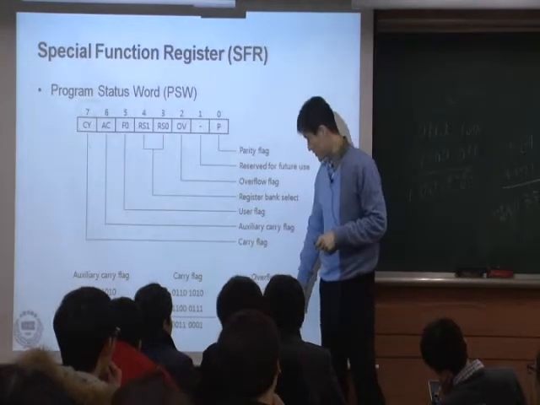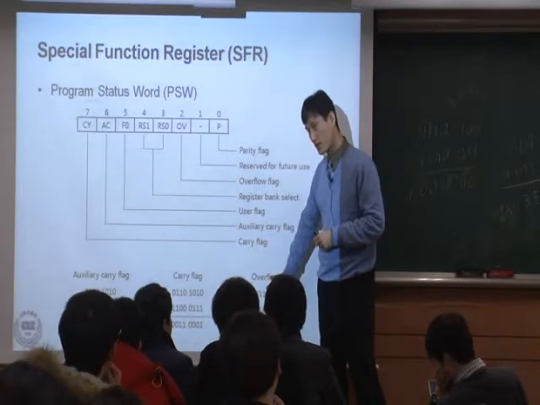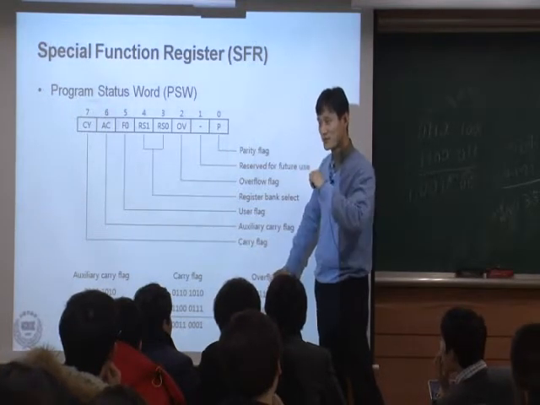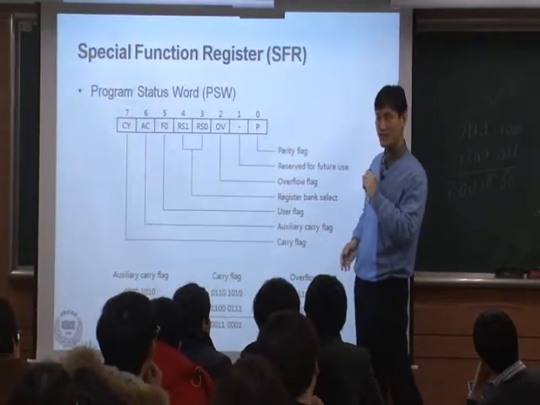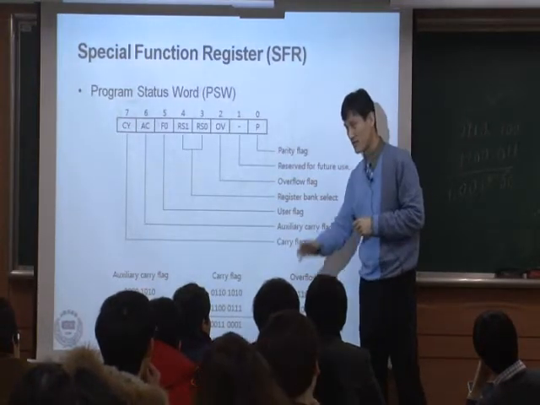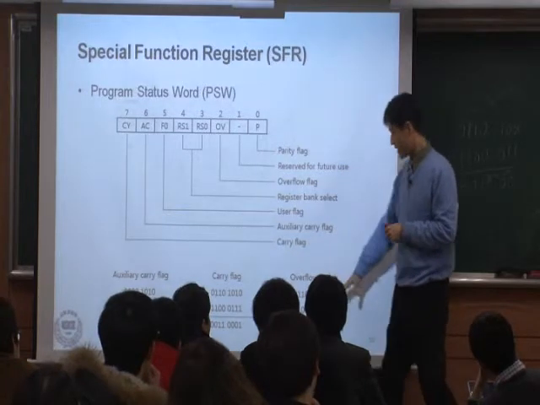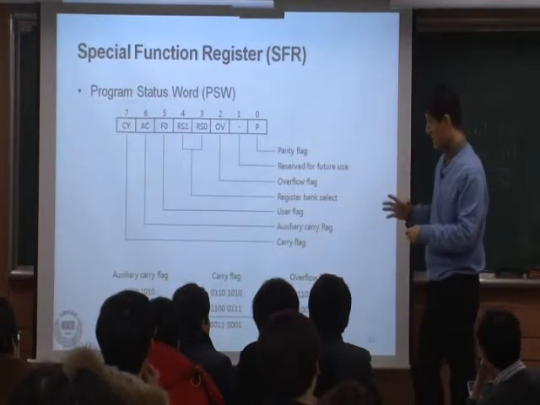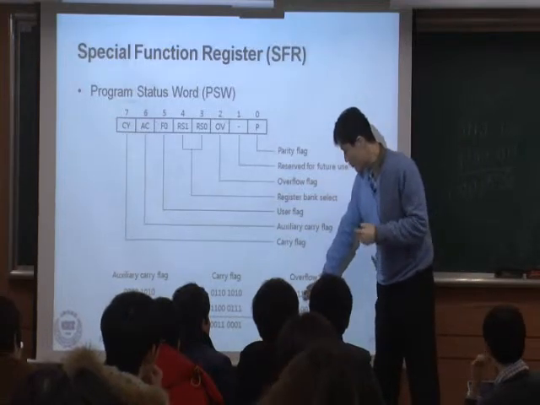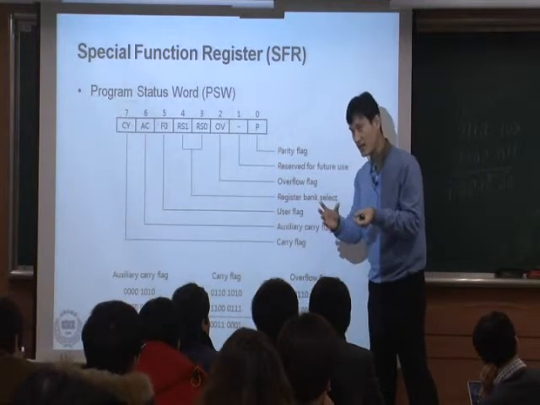Actually, as he pointed out, the reason that we have overflow is to help you when you deal with signed numbers. Let's say we don't have this, right? In that case, let's put it another way. Let's say we have this overflow. In that case, what happens? Let's say we consider each one as signed.